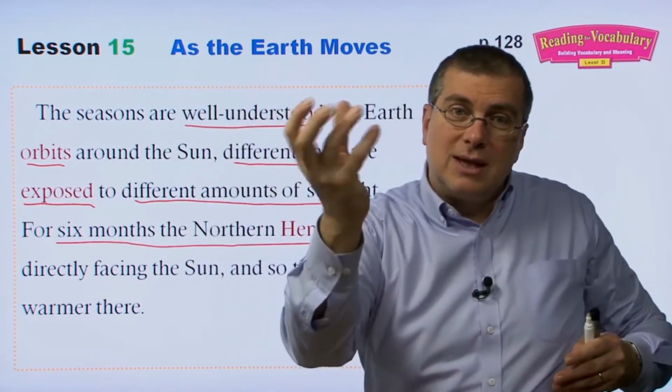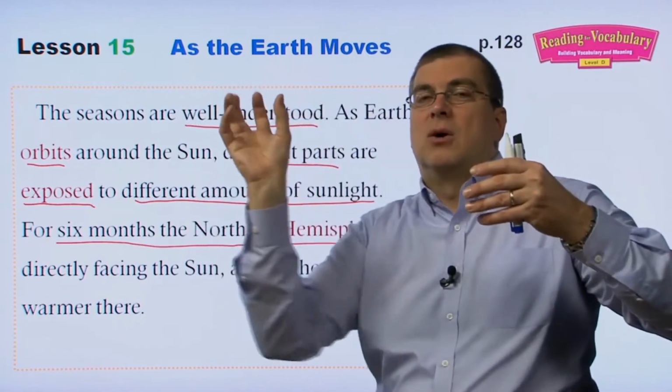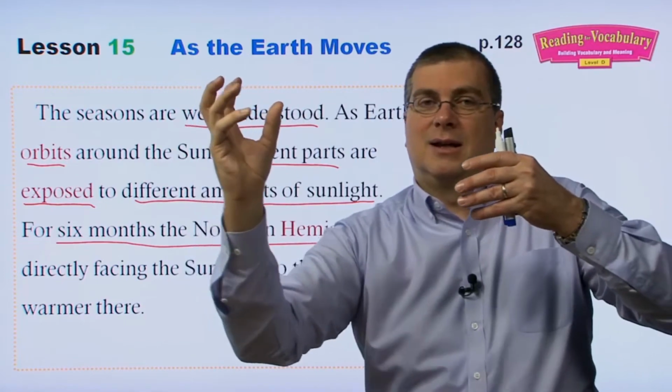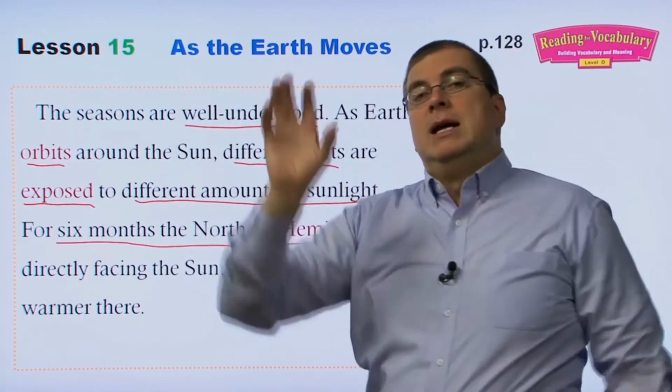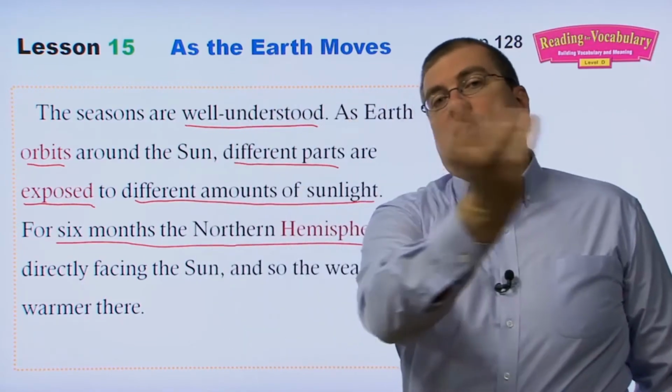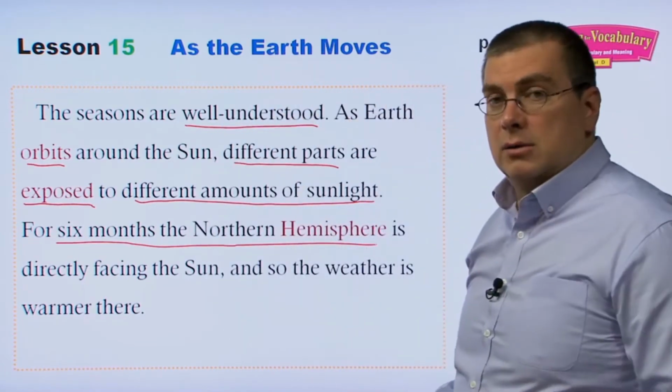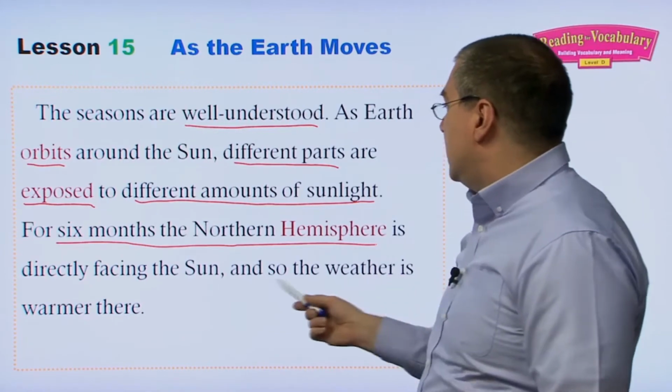So the Earth is doing this as it moves around, but it's very slow, right? It's like this, and then slowly turning, and then it'll go like this when it's over here, right? So the Earth is moving like this, but over the time of a year.